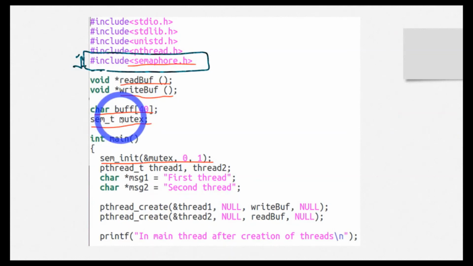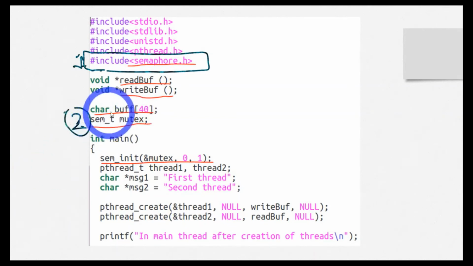We studied that in the last week's videos, when we were studying multi-threading. So I have declared the semaphore variable as a global variable, and we talked about it, that the data type of semaphore variable is sem_t. So sem_t, and I have named it mutex, right? Just for fun, I have named it mutex. This is the second step.